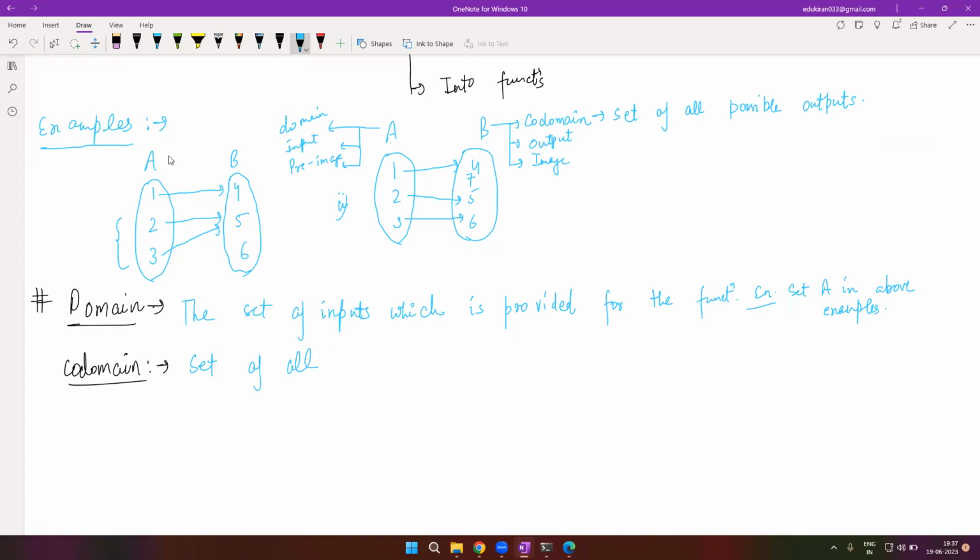So set A in the above examples is the set of domain. For both examples, first and second, set A is your domain. Now codomain is the set of all possible outputs.